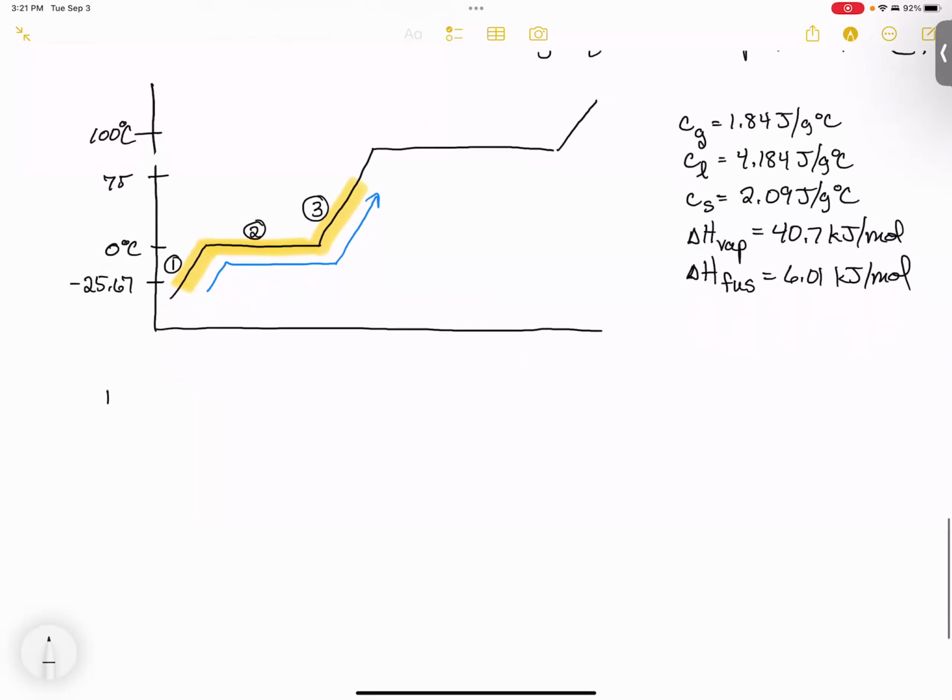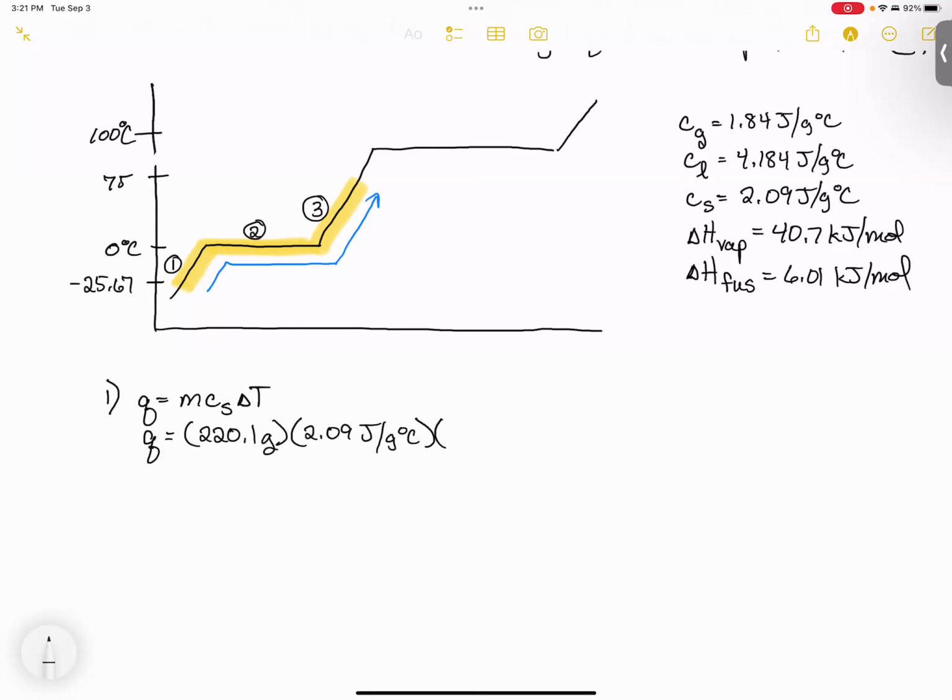The first calculation is Q equals mcΔT, but specifically it's going to be for the solid. So our Q is equal to the mass, which was 220.1 grams, times the specific heat of the solid, which is 2.09 joules per gram degree Celsius, times the change in temperature. It's always T final minus T initial.